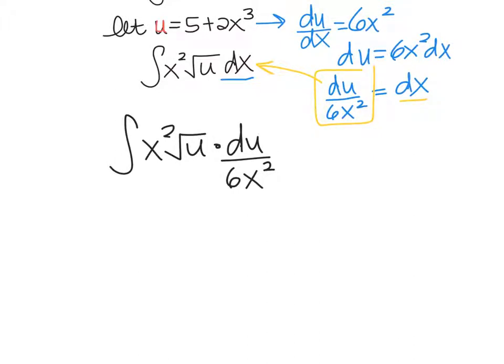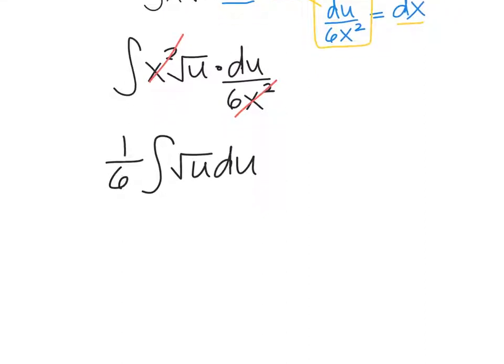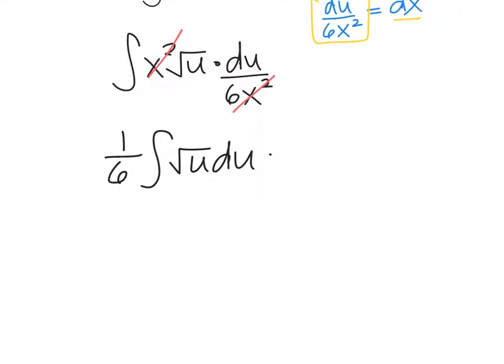First of all, the x squareds are going to reduce from each other, and you end up with a constant. I always take those constants and move them out because they're constants. I don't want them affecting what I'm doing. And so now all I have to integrate is the square root of u. So this is 1/6, the integral of u to the 1/2 du.